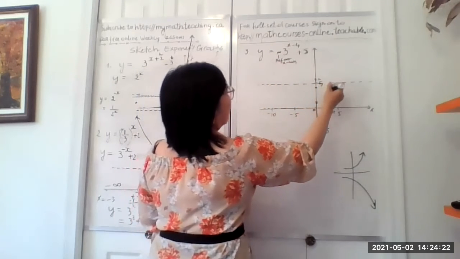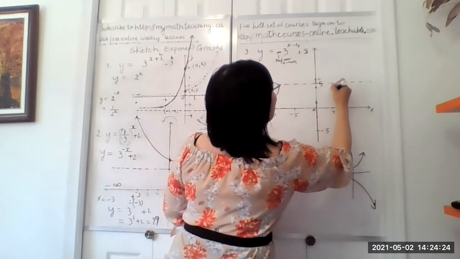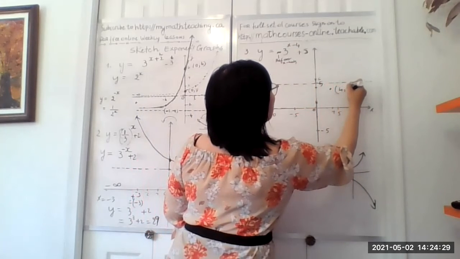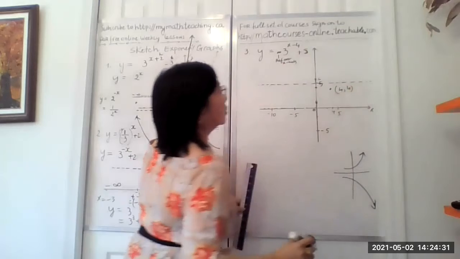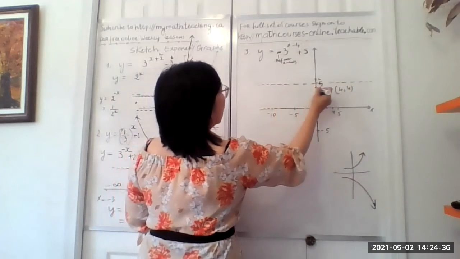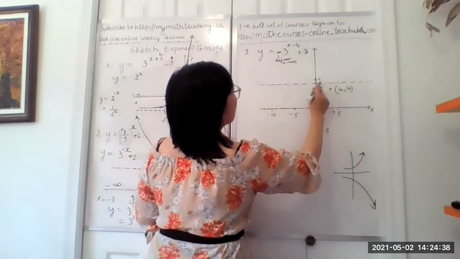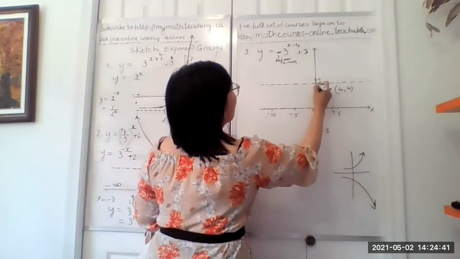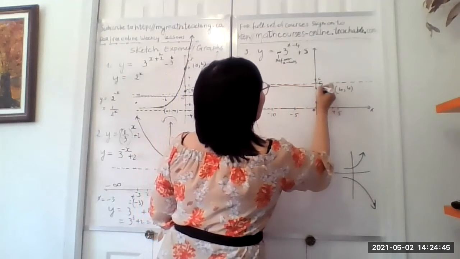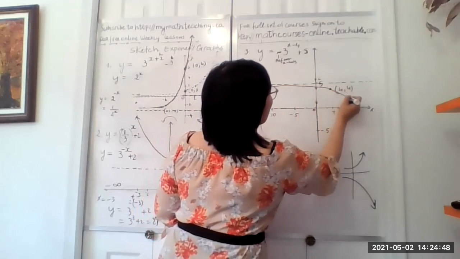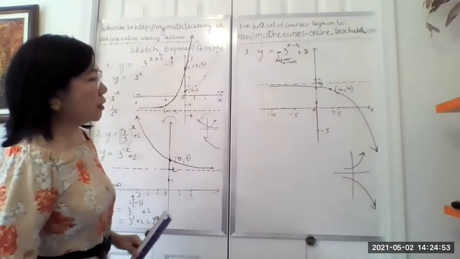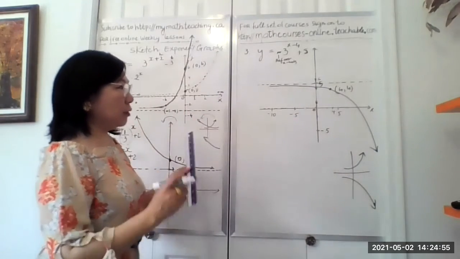Also shift to the right 4 units. So that point will become this point, and that will be 4 for x and 4 for y. So now we know our shape will look like this, go across this point, and go across this point and keep going like this. So that's how we sketch the third graph.